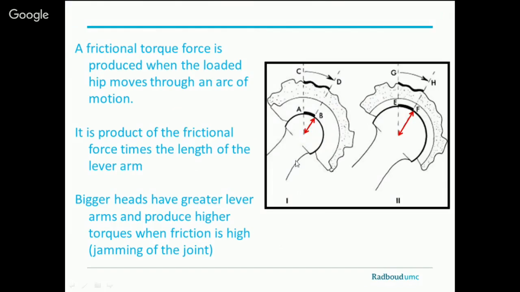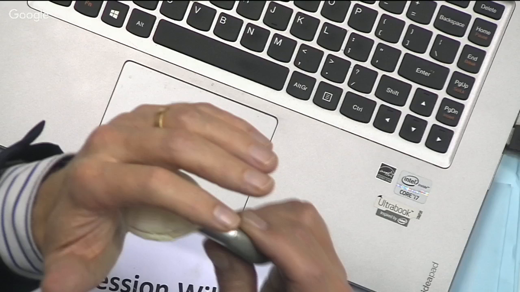Sometimes these joints can jam. Suppose that I have a metal-on-metal component and it's really jamming. The advantage of poly on metal is that it never jams because it's soft. But metal on metal could jam. If you have a small diameter, you can imagine that the torque on the outside of the cup, on the cement layer, is relatively low.